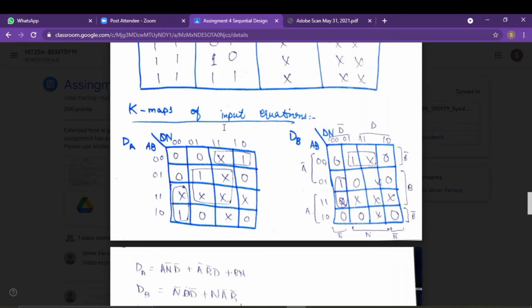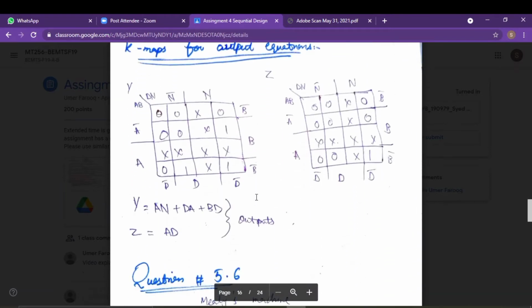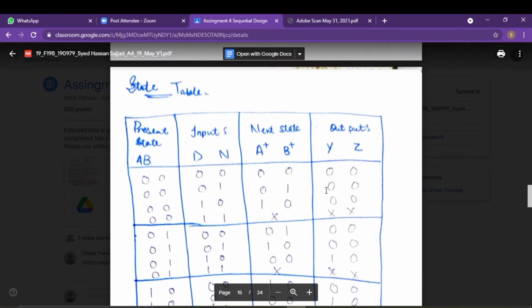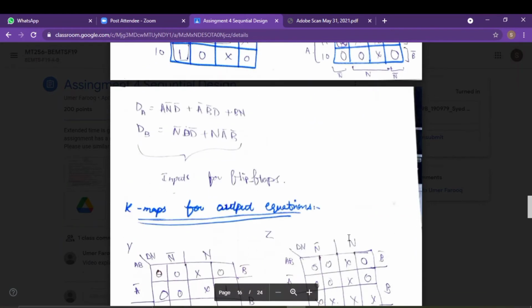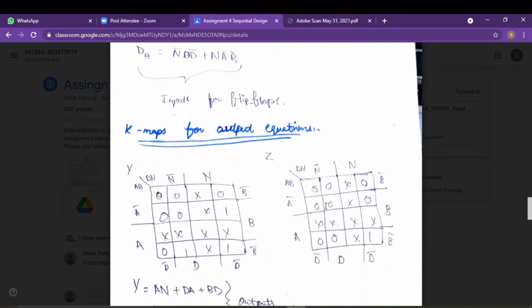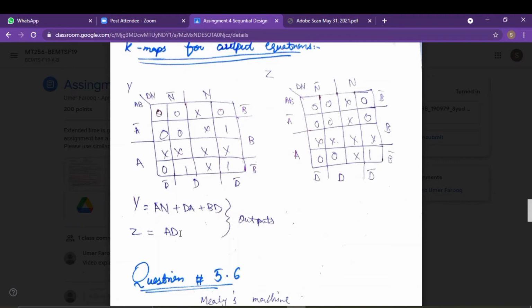Now we will go towards the k-maps for the output equations, where y and z are the outputs, and these columns will be used for the construction of the k-maps for the output equations, that I've already shown you in my previous videos. And these are the equations.